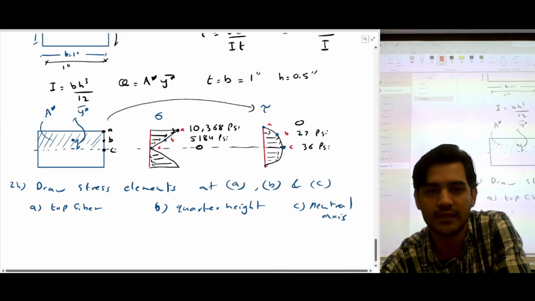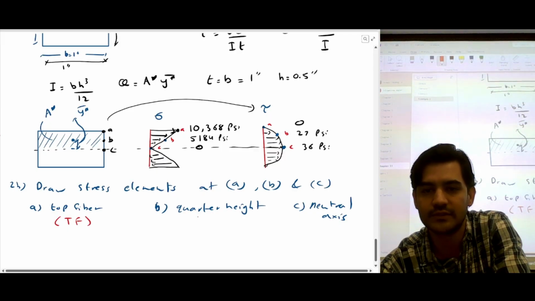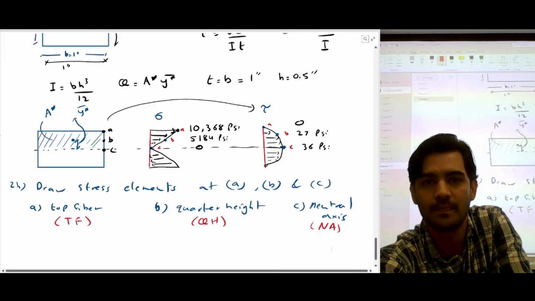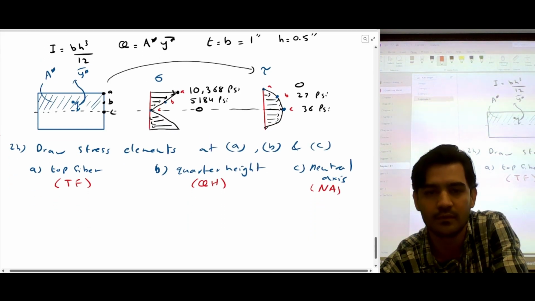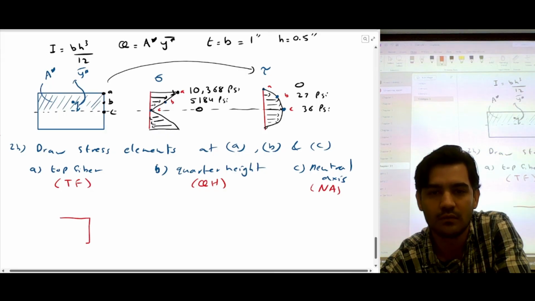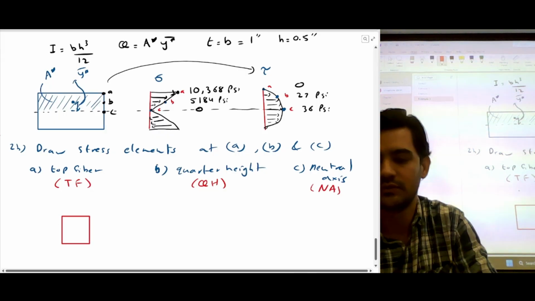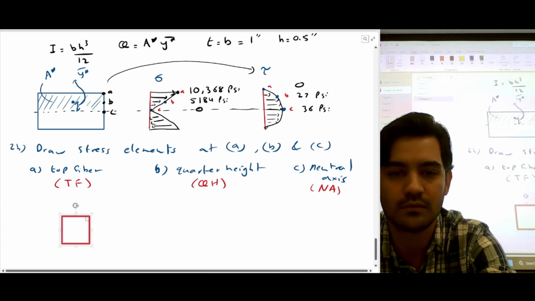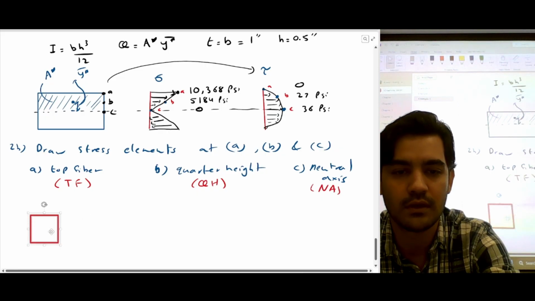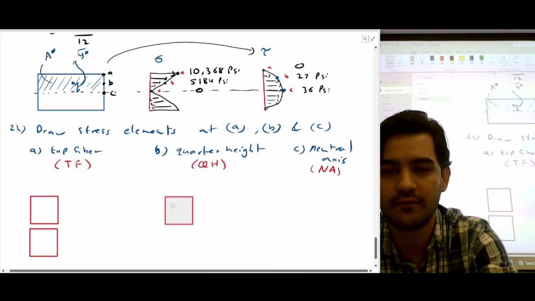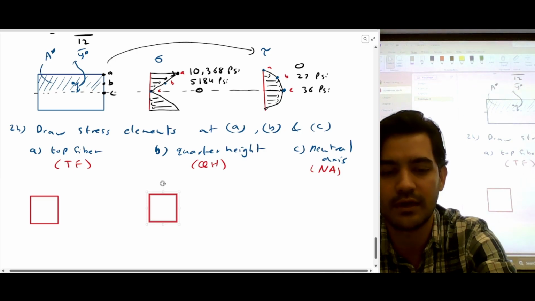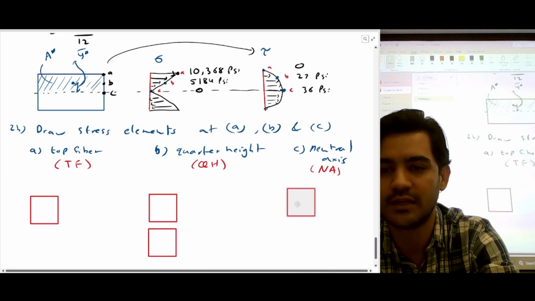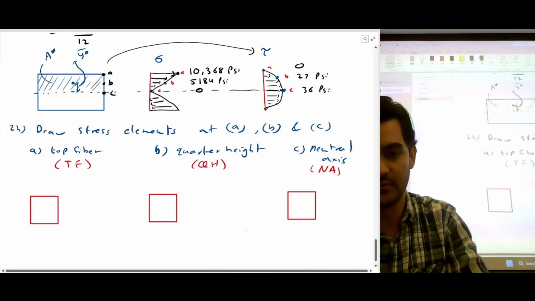So we're going to say this is the top fiber, TF, this is quarter height, QH, and this is the neutral axis, NA. We'll have one stress element at the top fiber, another at quarter height, and another at the neutral axis, because we don't know which one will give us the maximum stresses.